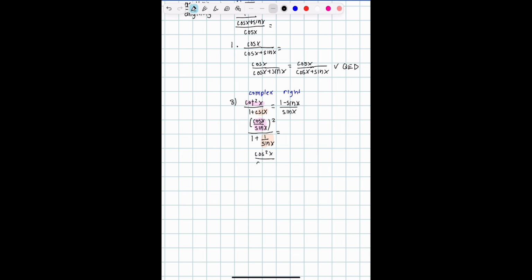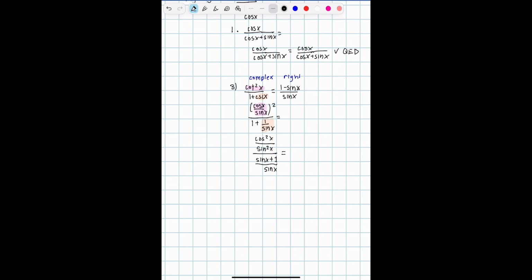So that becomes sine squared x, and then we're going to try to again get a common denominator in the denominator of the overall fraction with sine x plus 1 divided by sine x.